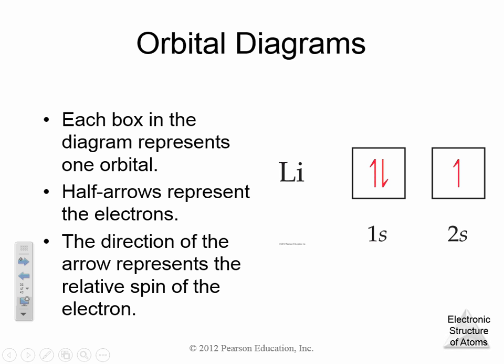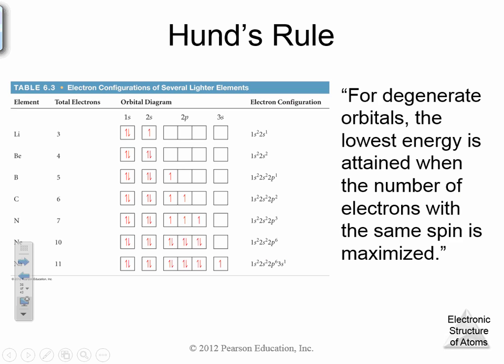We have boxes for the orbitals or lines for the orbitals, and then arrows representing the number of electrons. Now, as I mentioned, the direction of the arrow, up or down, is in direct correlation with the spin of the electron. One thing with the orbitals, and I got done talking about this, but the specific name of this rule is Hund's rule. Hund's rule is saying that each orbital in an energy level must have at least one electron in it before you go back and put a second electron in.